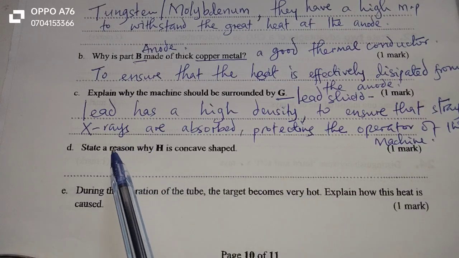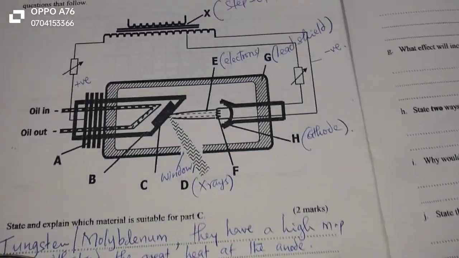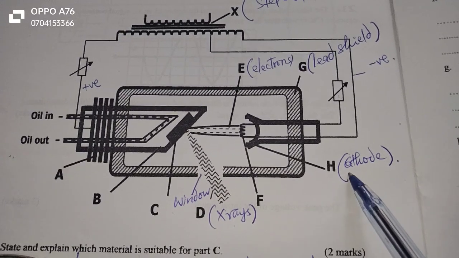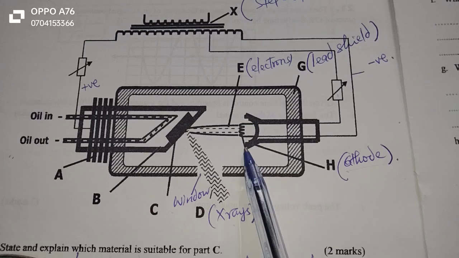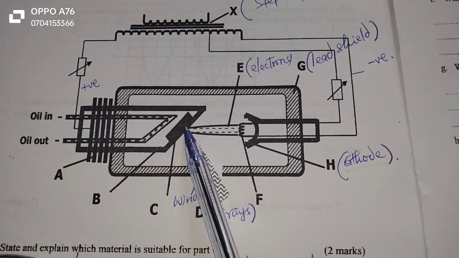State a reason why H is concave. We had talked about H during the production of X-rays. This is the cathode. This cathode is usually concave to ensure that the produced electrons are accurately focused to the target.